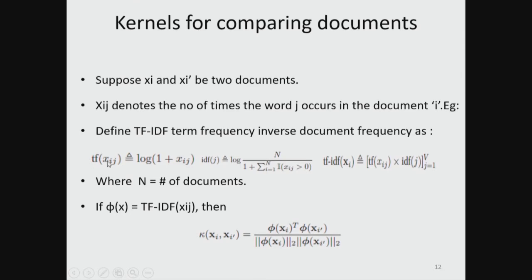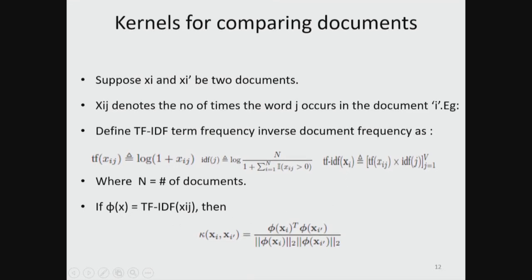Now, having these two things derived out of xij, we take the product of TF of xij into IDF of j, from j equal to 1 to v, for each and every word. Then that is said to be the TF-IDF of xi.